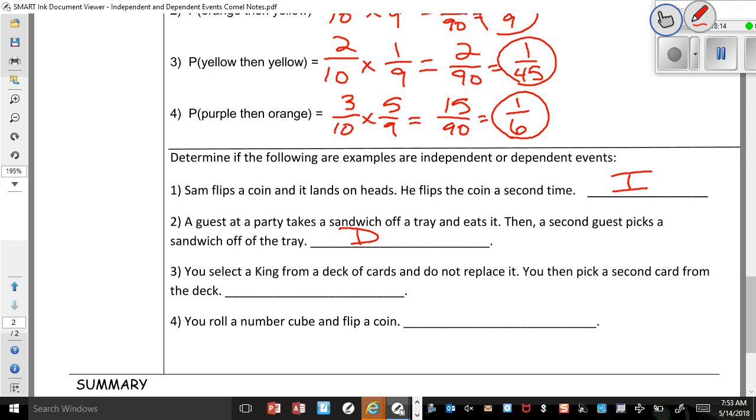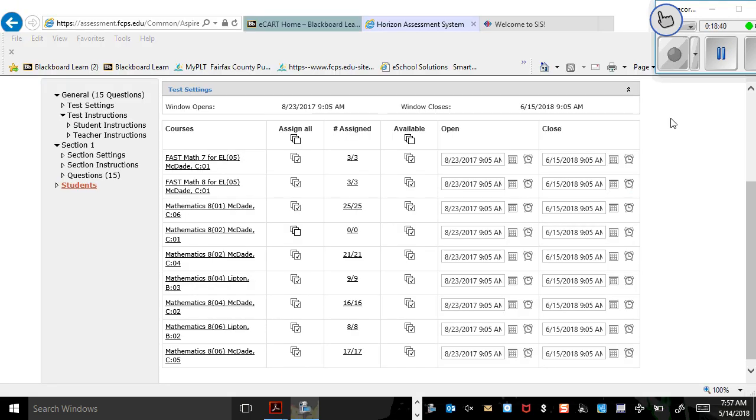That means you don't put it back. Are they the same number of cards? No. So that does depend on whether you do this or not. This makes it dependent. If you put it back, it would make it independent. How about rolling a dice and flipping a coin? Independent. Pretty easy, yeah? All stuff you've had last year.